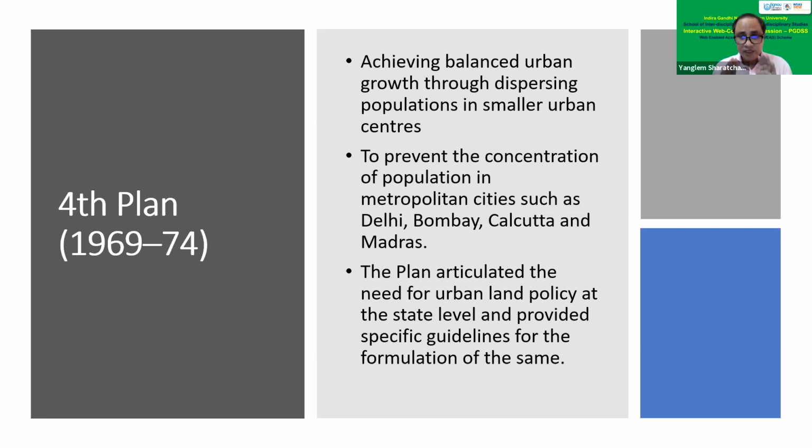To put less pressure on these areas, they started to think about what to do to prevent the concentration of population in these areas. In that fourth plan, they articulated the need for an urban land policy at the state level and provided specific guidelines on that.